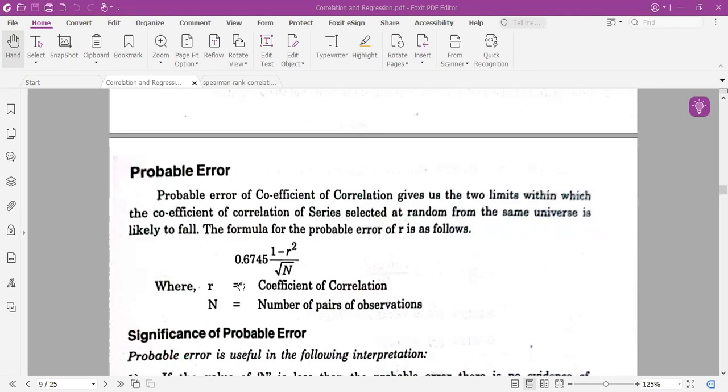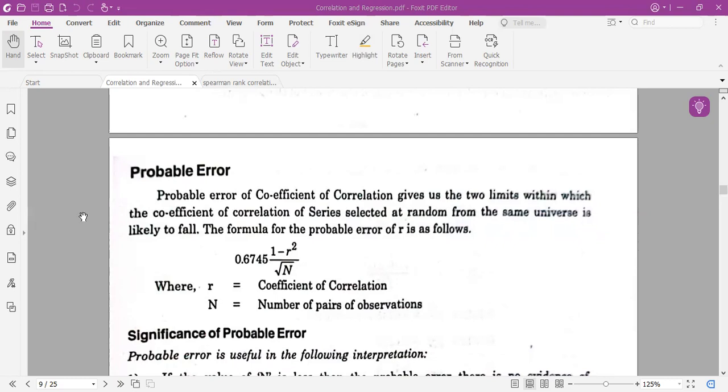Later on, modern statisticians found there is some sort of error factor, the probability of getting an error. For that we'll be using one particular formula: 0.6745 into 1 minus r square divided by the square root of n. This is called the probable error.